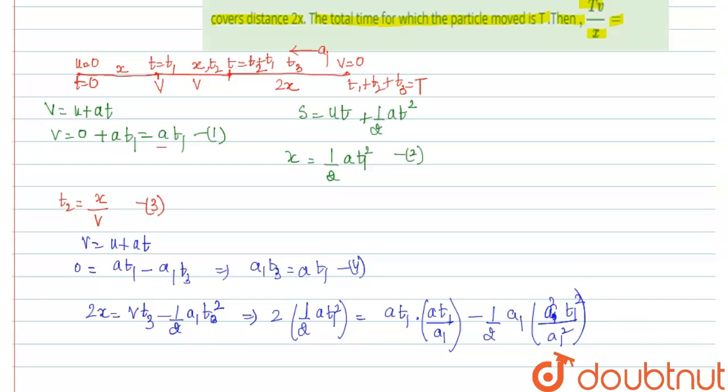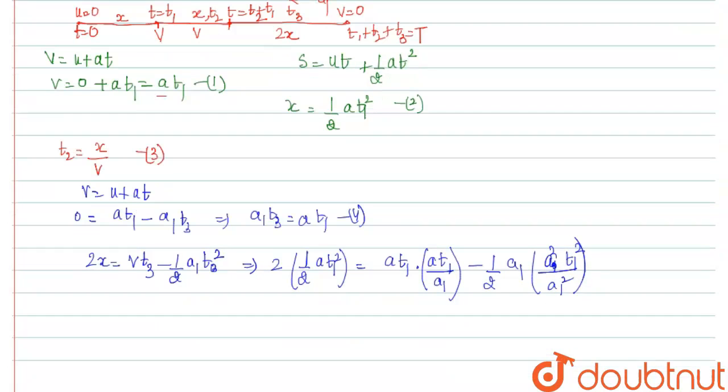So if we calculate, the value is a square into t1 square upon a1 minus 1 by 2 of the same term. This will be equal to a square into t1 square upon a1. So a t1 square is equal to a square by a1 common, which is equal to t1 square by 2.